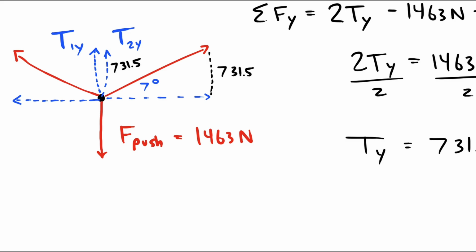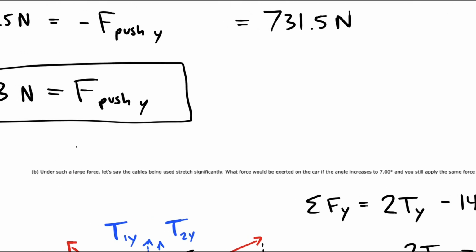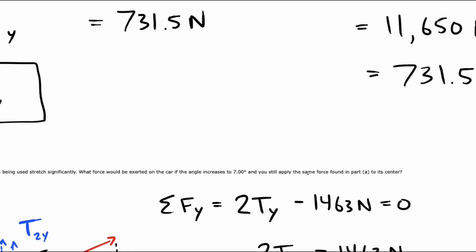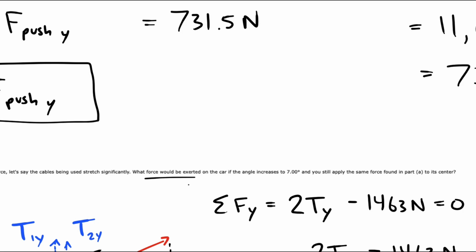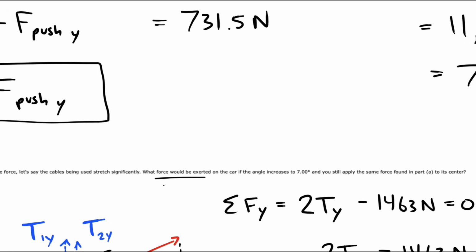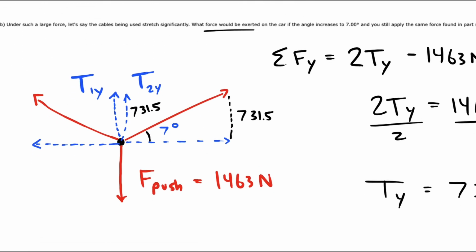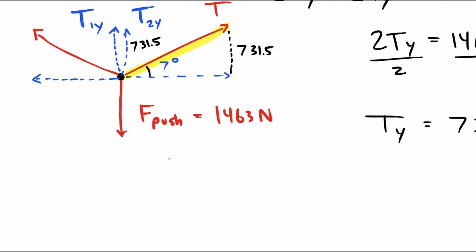You have one of the legs of a triangle and the angle of the triangle. They're asking us for the tension, what force would be exerted on the car. That's going to be the size of the diagonal, because the diagonal is the tension force T. So just use a little trigonometry.